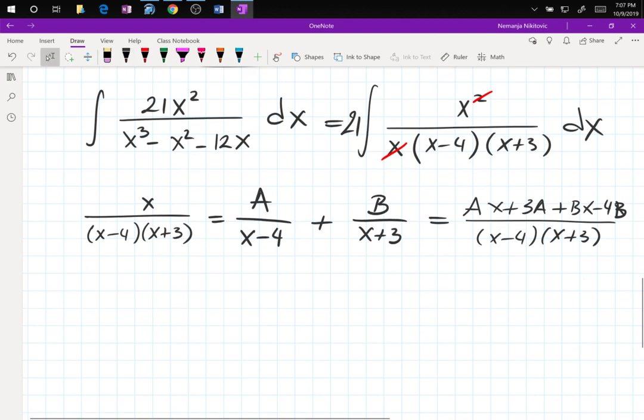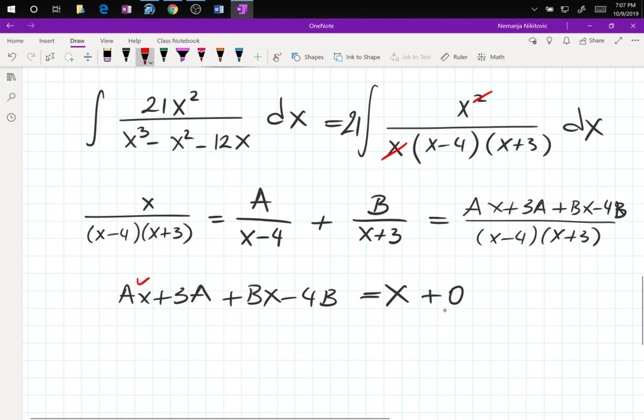And this is where we compare the two. So Ax plus 3A plus Bx minus 4B is equal to x, and if it's going to make you happy, you can put x plus 0. So now you have the x terms, and you have the constant terms.